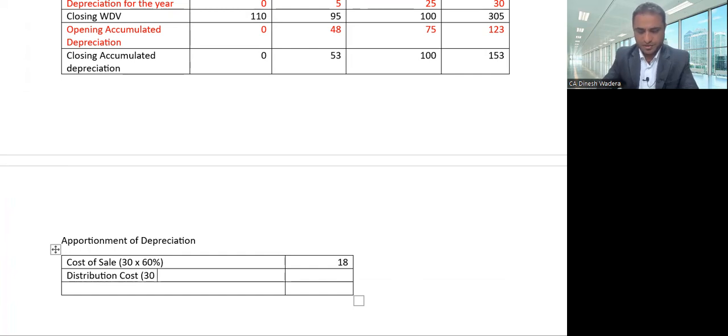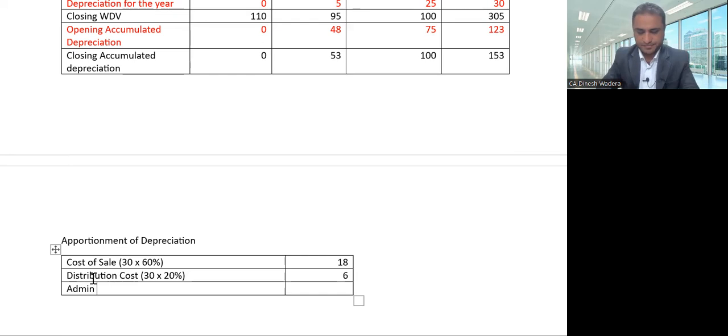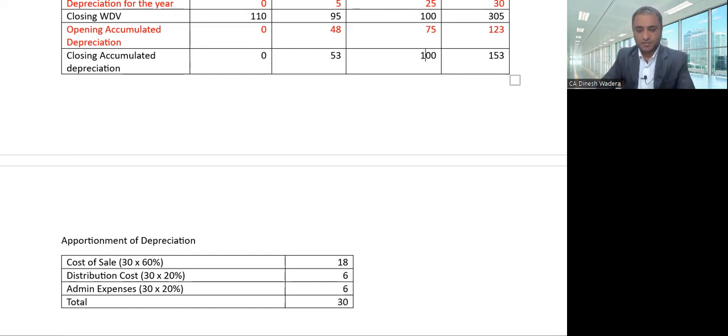So depreciation for the year is 30 multiplied by 20%, 3 twos are 6. And administrative expenses balance 20% will be 30 multiplied by 20% again, 6. So the total should match: 18 plus 6 plus 6, 12, 18, 30. So okay, we also have the working for the apportionment of depreciation. If you want, you can call it a working note too, no problem. Make as many working notes as you require.